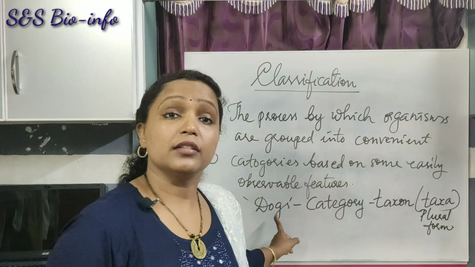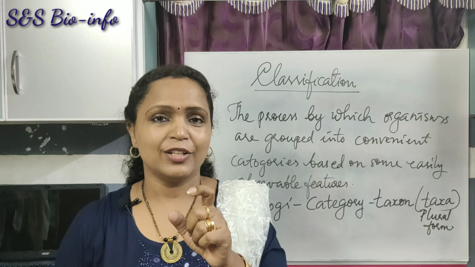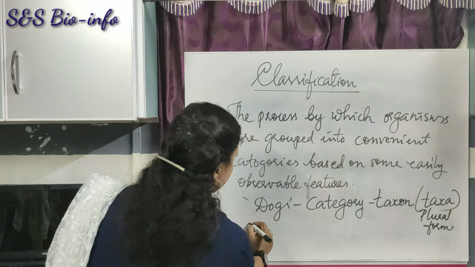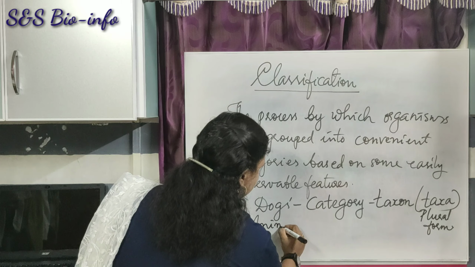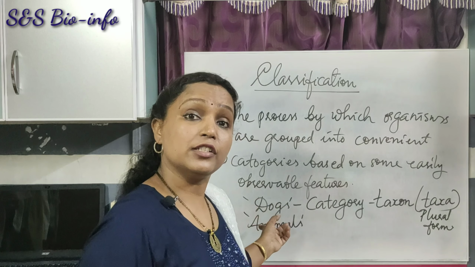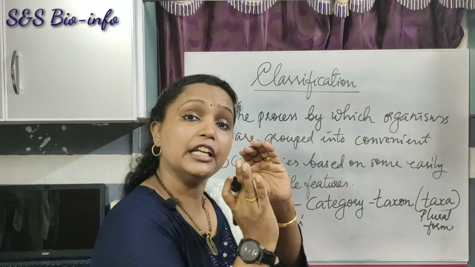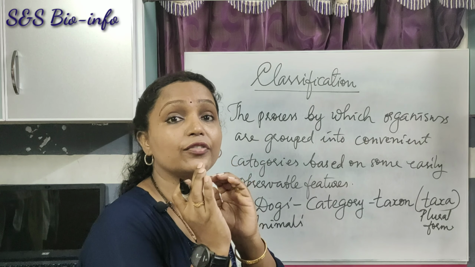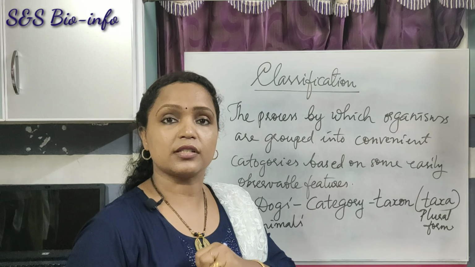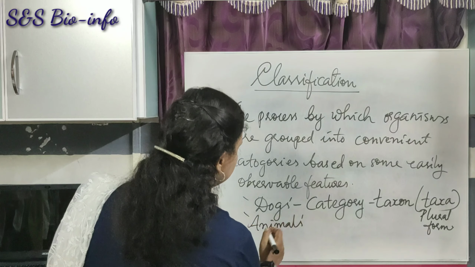Again, dogs are animals. So animals represent another category. Because they have the fundamental features of animals, they are included in the category of animals. Again, when we think about the reproductive features, dogs are mammals.